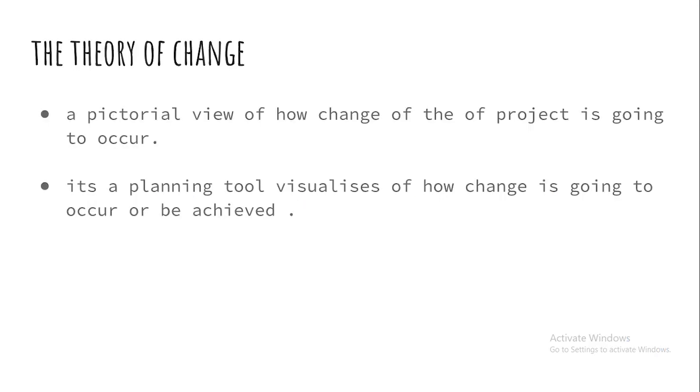The second tool is the theory of change. Just recently, I uploaded a video about the theory of change, so also check that out. But in simple terms, it is a pictorial view of how change in a project will occur. It's a planning tool you use to visualize how change is going to occur. This is a very important planning tool for any project.